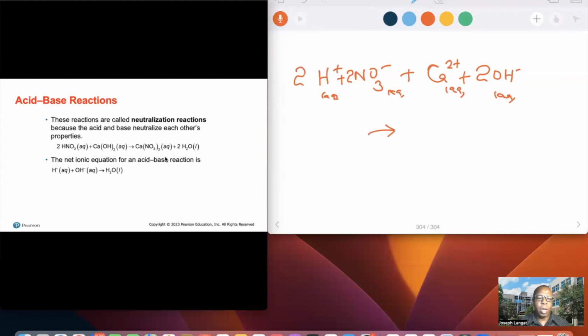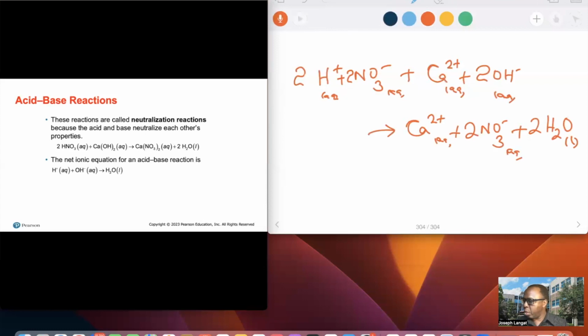This is a salt, so we will split that also to Ca2 positive aqueous plus 2NO3 negative, this is nitrate, aqueous, plus 2H2O. Recall, we do not split solid, liquid, or gas, only the aqueous.